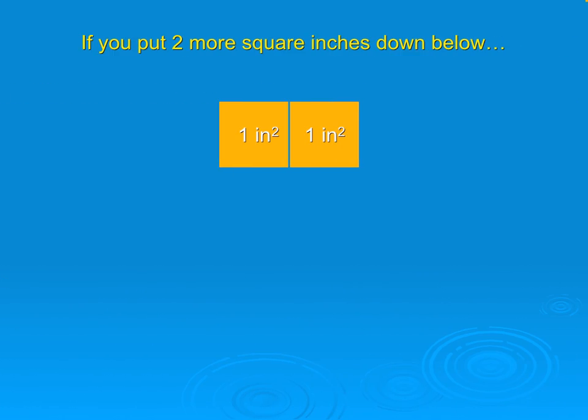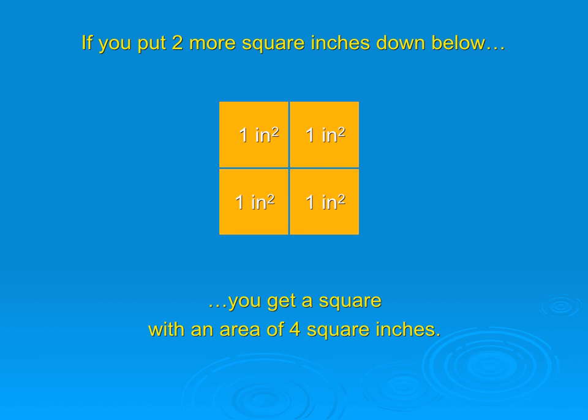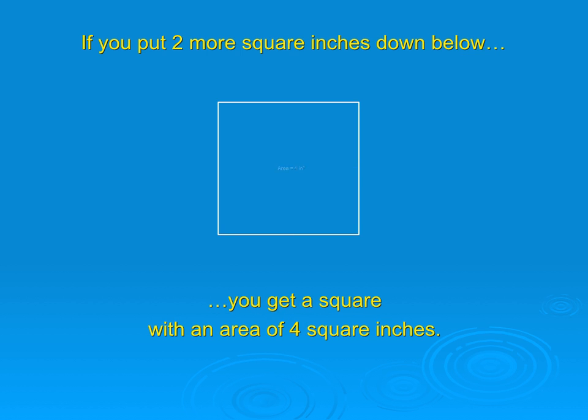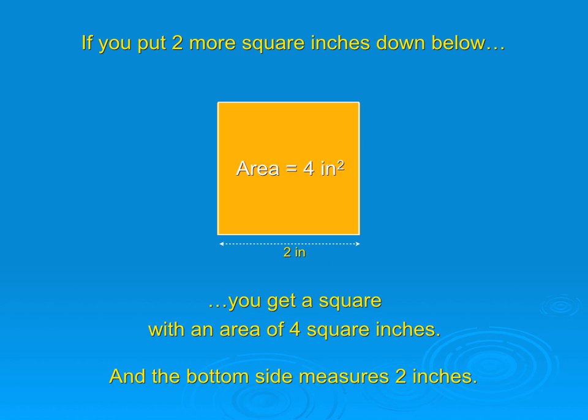If you put 2 more square inches down below, you get a square with an area of 4 square inches. Here's our square. Now we can remove each of the 4 square inches. The area is 4 square inches. Now it just looks like one big area, but we know in our imagination what is making it up. And the bottom side measures 2 inches.